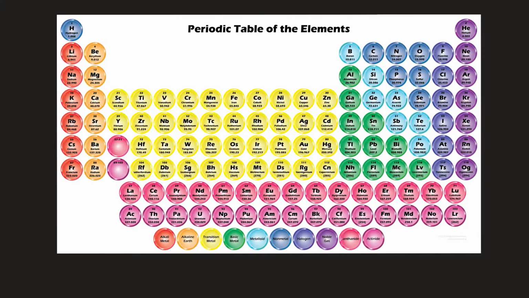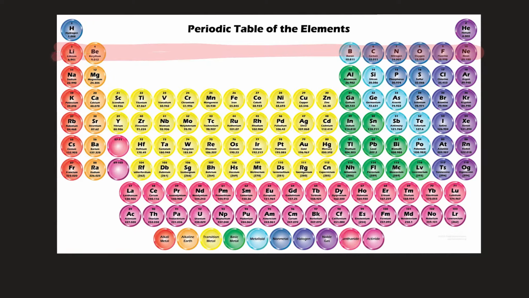Another way that we could classify elements on the periodic table is based off their chemical behavior, and there are really interesting ways that the periodic table shows us this. The first way I want to show you is through what we call periods. Periods are basically elements that are in the same row.